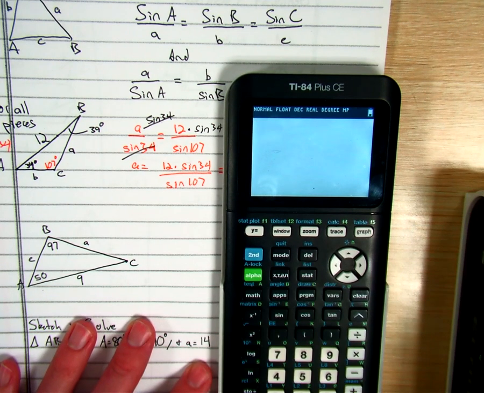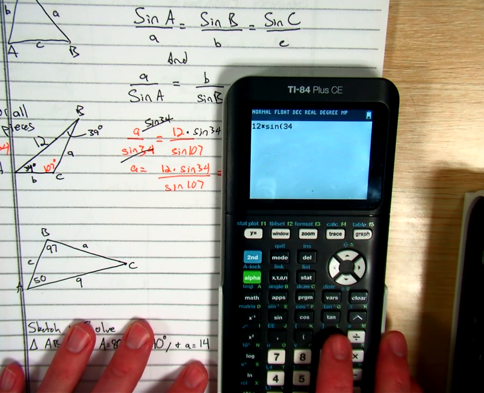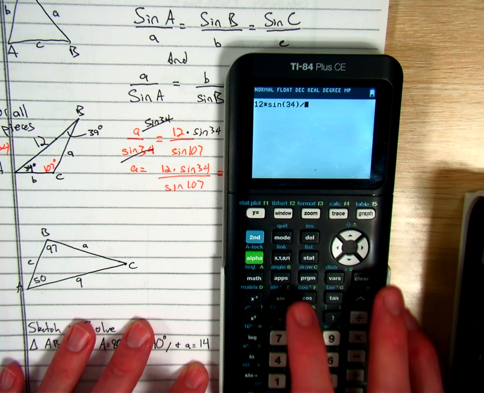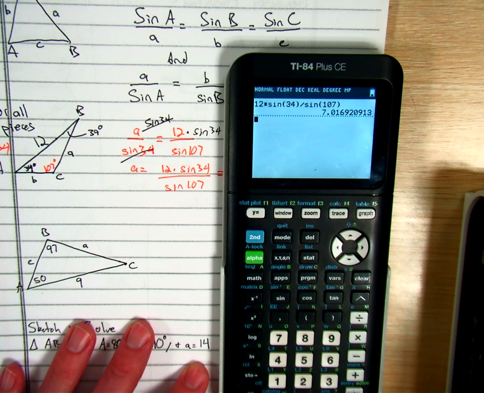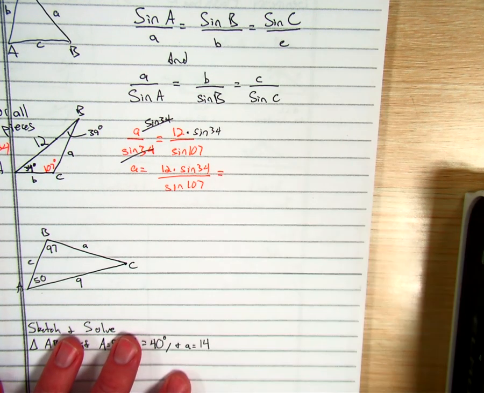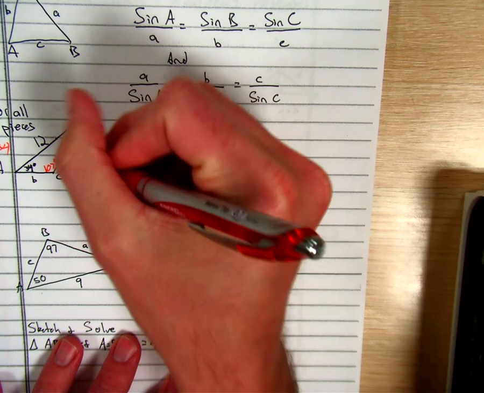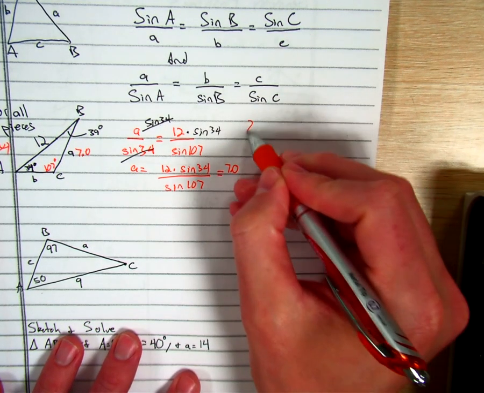Second quit. 12 times sine of 34, close your parentheses, divided by sine of 107. Close those parentheses. And we got 7.0. We'll round to 1 decimal today. Okay, we got side A.